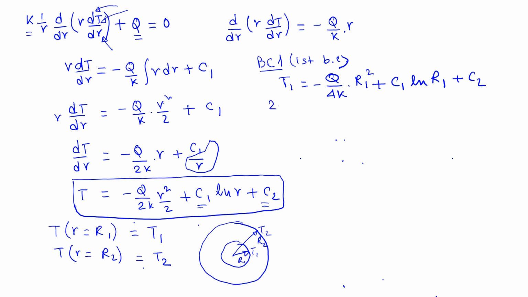Using the second boundary condition, I get T2 equal to minus q over 4k r2 square plus c1 natural log of r2 plus c2.